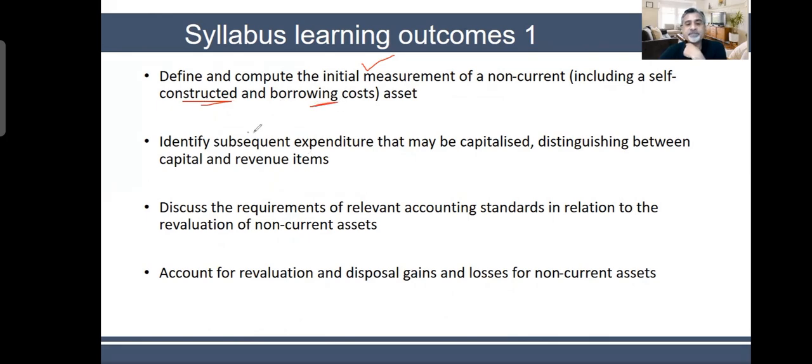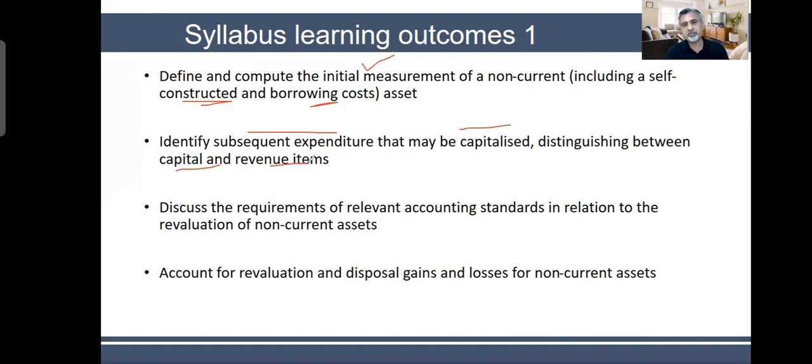Then you have subsequent expenditure that may be capitalized, and distinguishing between capital and revenue items, because we know that these PPE, property, plant and equipment, sometimes you call them fixed assets, sometimes non-current assets. In essence, these are the assets which you are going to use for a longer period of time, and the benefit will continue to flow in for a period of more than 1 year.